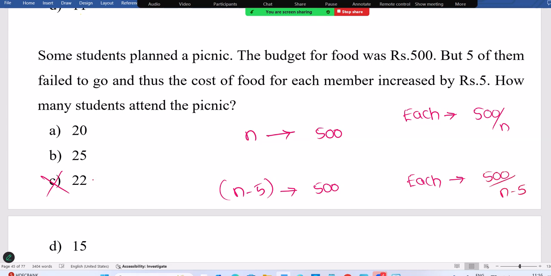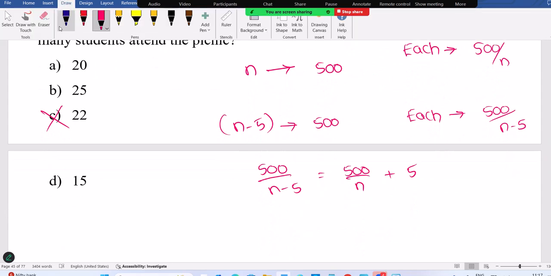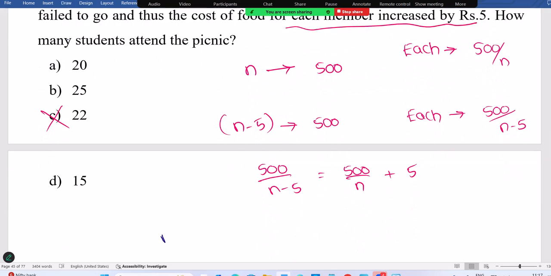The question says this is increased by 5, so 500 divided by n minus 5 is nothing but 500 divided by n plus 5. So one thing you can do is option verification. If n is 25, this will be 20. So we got 25 times.